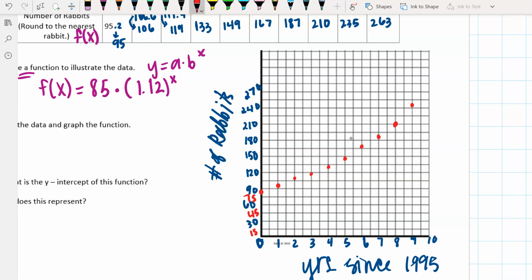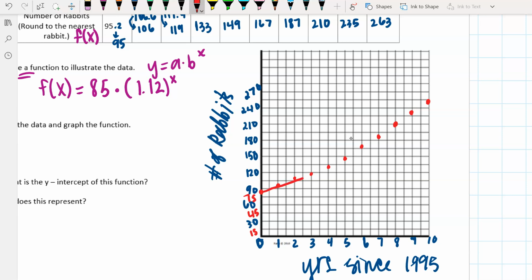And so this one will be 263. That's a little high. Sorry, I'm fixing my graphs. So 235 is below 240. It's right down here. And then 263 is right over here.